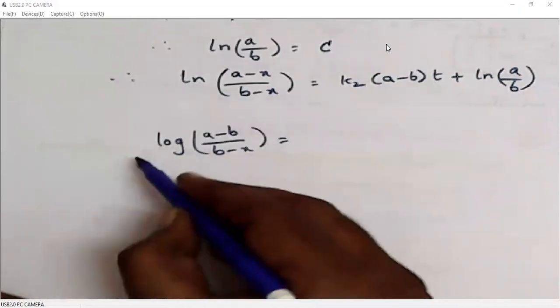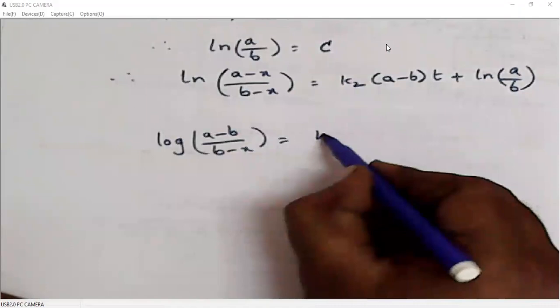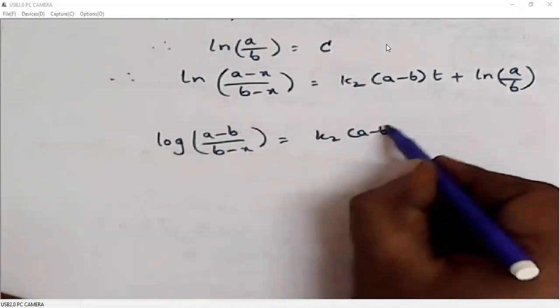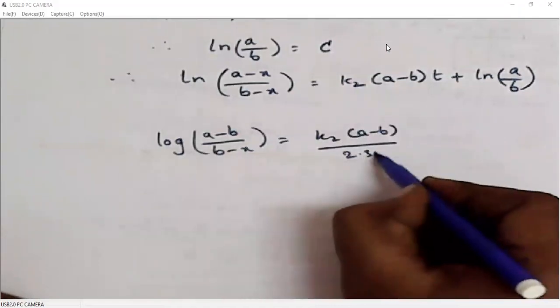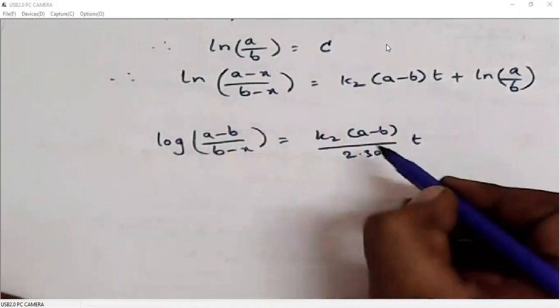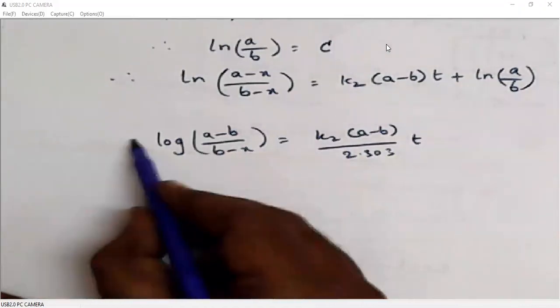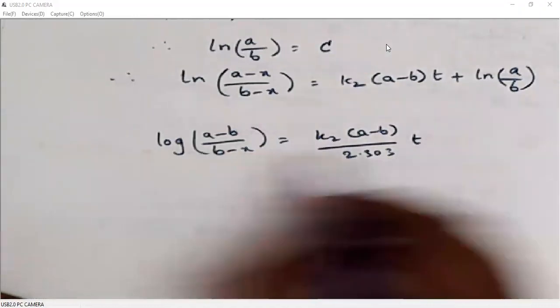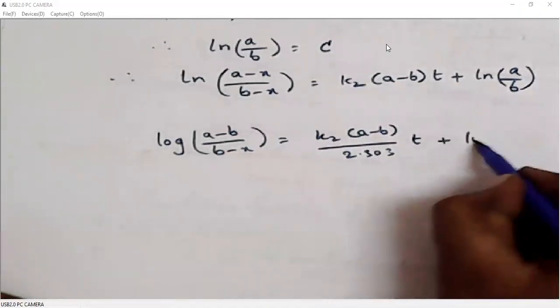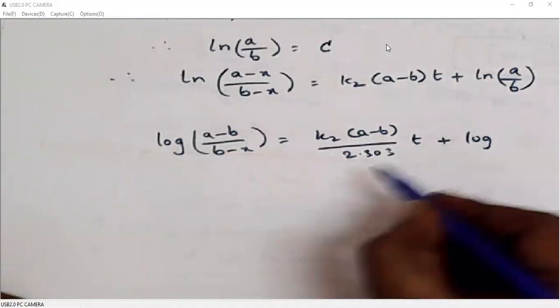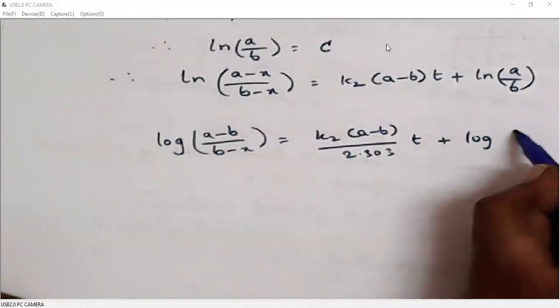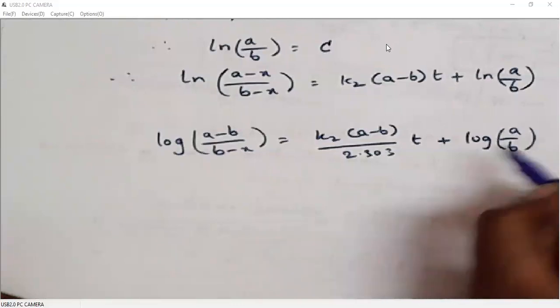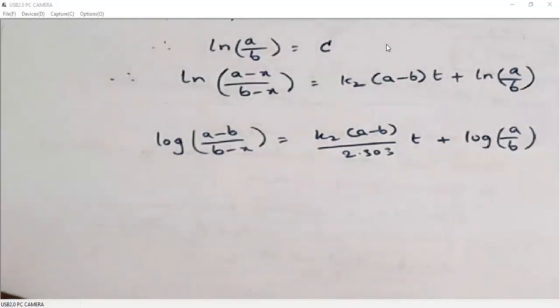So when we move it to this side, it becomes k2 into (a minus b) by 2.303 into t. We divide by 2.303 on both sides, so 2.303 by 2.303 gets cancelled. So this is the rearranged equation and we will represent this in terms of a graph.